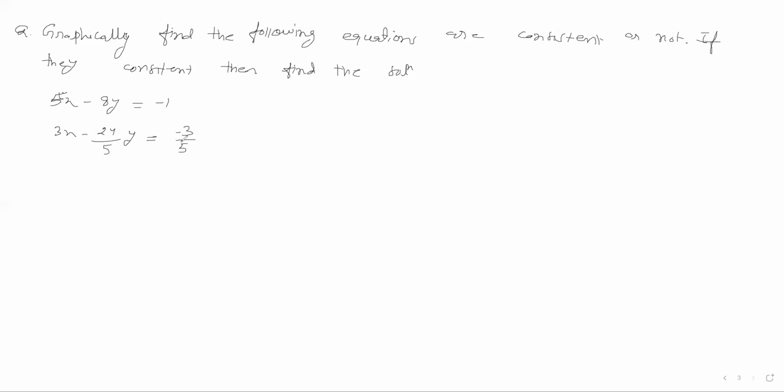So equation 1 is in its proper form, but equation 2 is not in proper form. So we are going to make it in proper form. So it will be 15x minus 24y equals -3. And when you solve it, you will get 5x minus 8y equals -1.